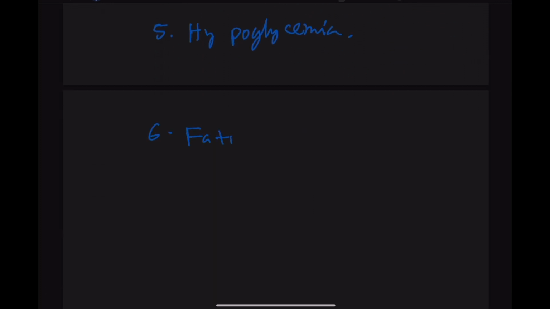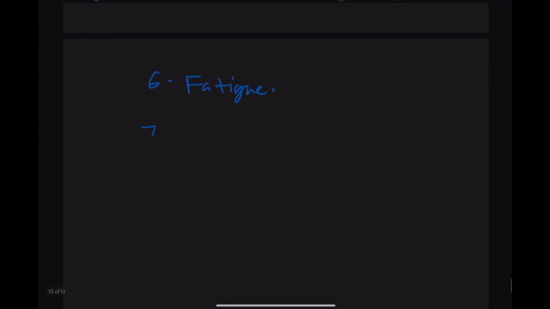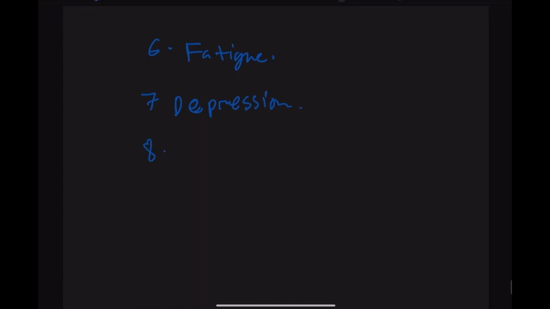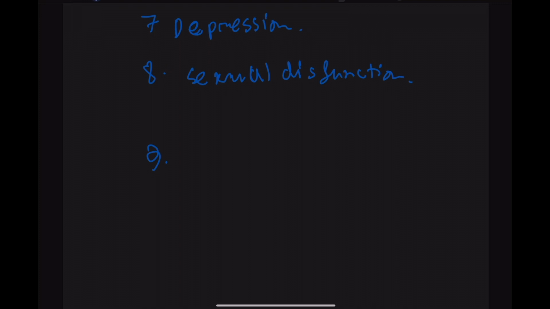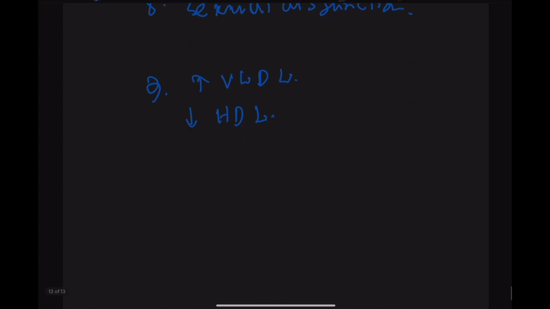It can cause fatigue, it can cause depression, and also sexual dysfunction. It increases the level of VLDL and decreases the level of HDL, so increases the risk of cardiovascular disease.